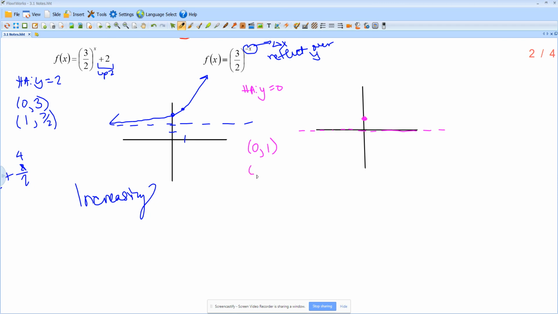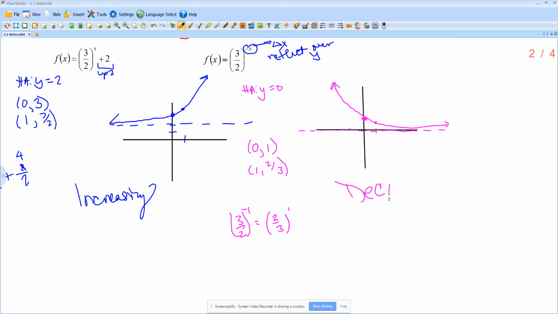If I substitute in 1, I'd have 3 halves to the negative first. The negative flips this over, so it becomes 2/3 to the first power, which is just 2/3. Well, 2/3 is below 1, so now it's down here. And what you'll see about this function is now it goes the other direction.